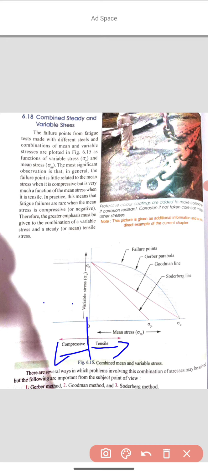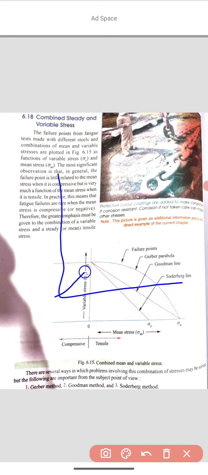Let's recall the stress-strain curve. Somewhere here is sigma y, and here will be the sigma u value. Which has the lower stress value, sigma u or sigma y? What will be your answer?